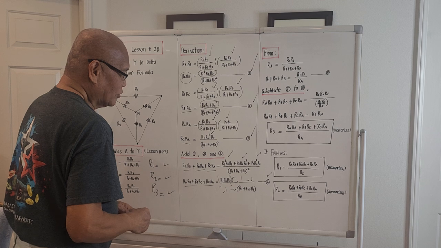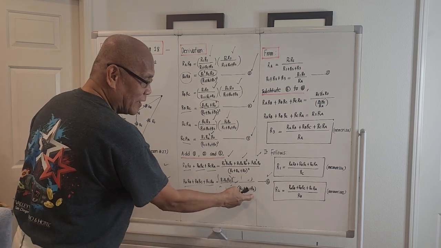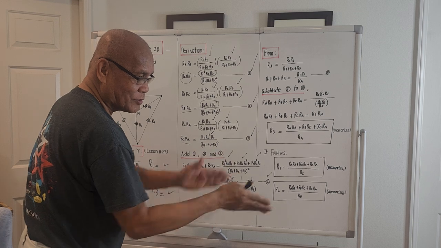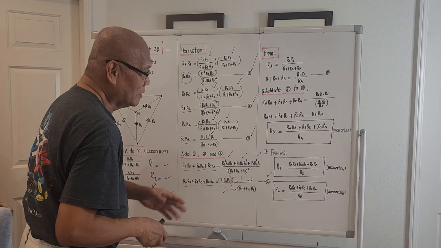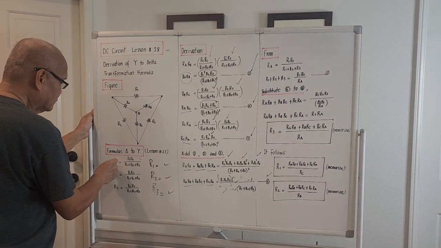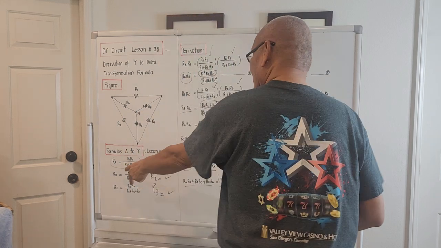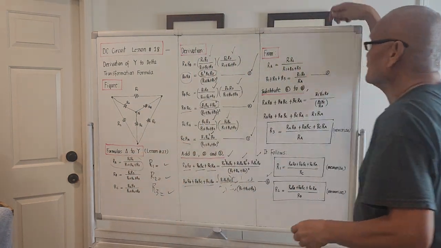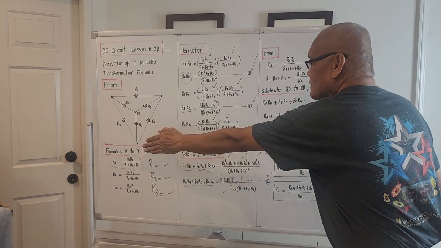Okay? And to compute for R sub 3, I prefer to solve first for R sub 3 before proceeding with R1 and R2. From this equation here, RA from the original delta to Y. Because all these equations emanate from this, right?